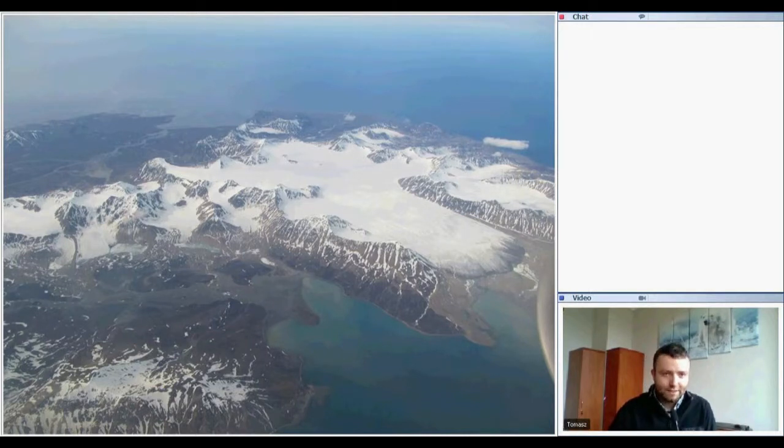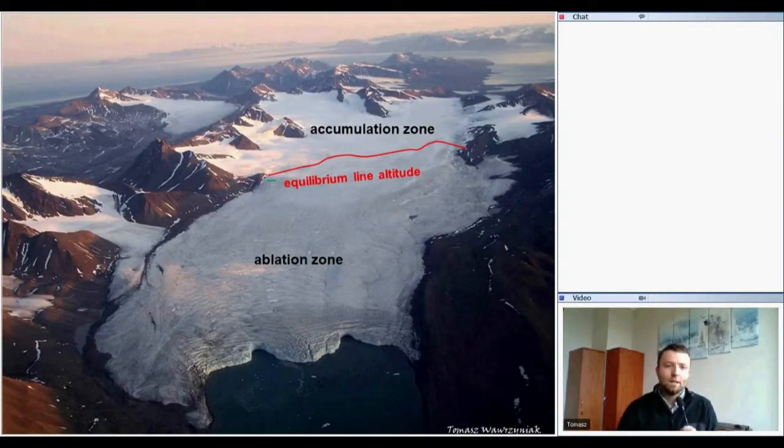If it falls on the glacier, after summer, you can see the snow from previous year in the accumulation zone, which is the higher part of the glacier. Below it, there is the ablation zone, and this is the zone where more snow and ice is melted from previous year. But in the accumulation zone, the snow stays. So it can just grow and grow and grow in the next years.